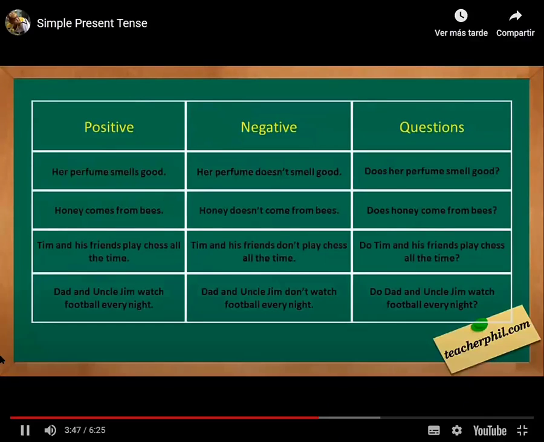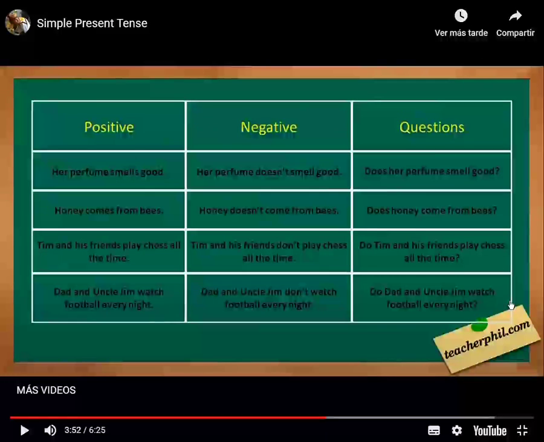Try to compare the differences between the structures of the simple present sentences. We have here, so I can pause in this part because you can see in this graphic the parts of the positive, negative, and question of simple present, right? In this section, you can see, for example, her perfume smells good.